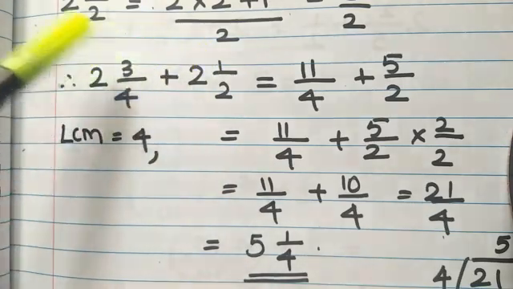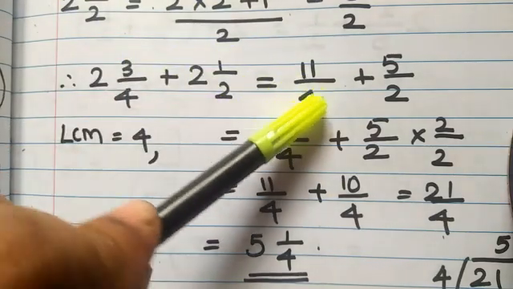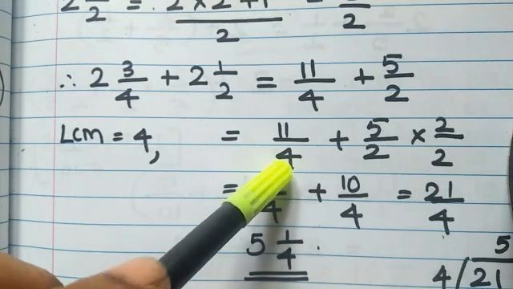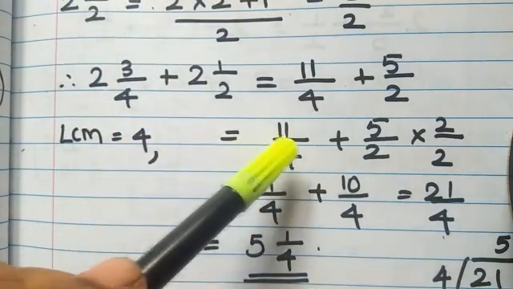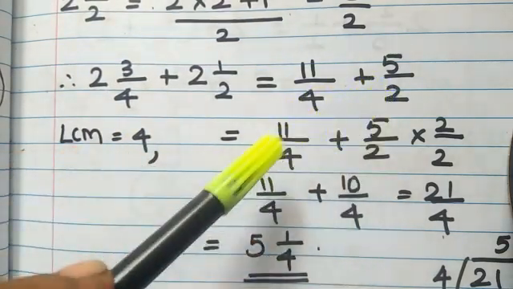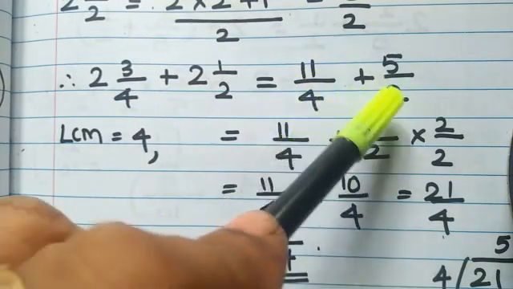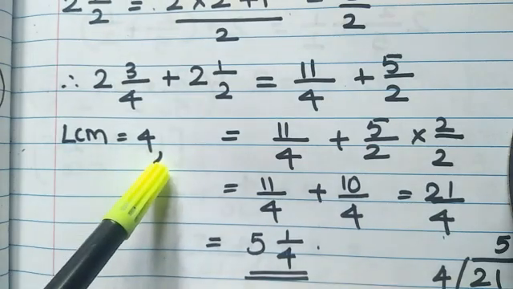Now these two fractions became unlike fractions. We can again use the method of LCM to find the sum of these two unlike fractions. Here the denominators are 4 and 2. Their LCM is 4.